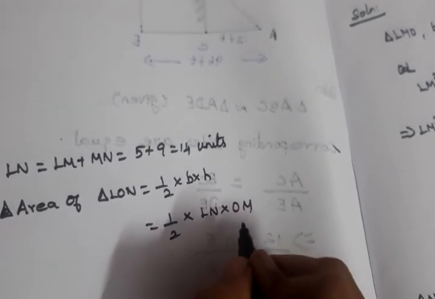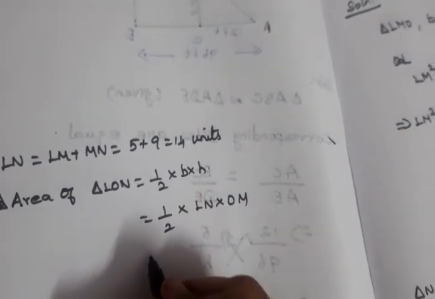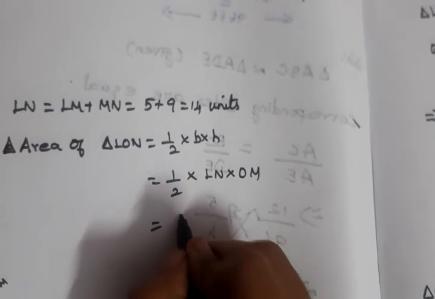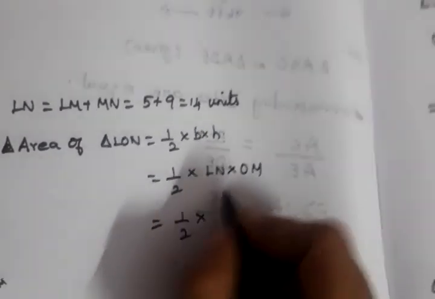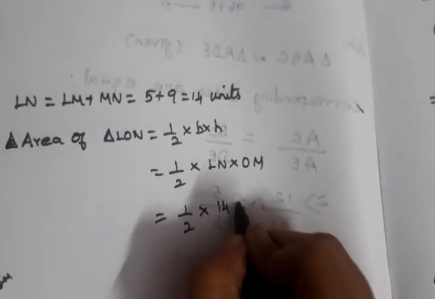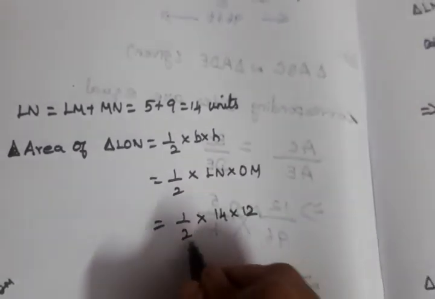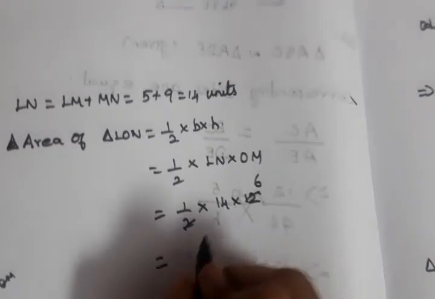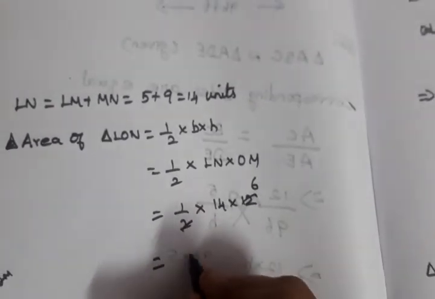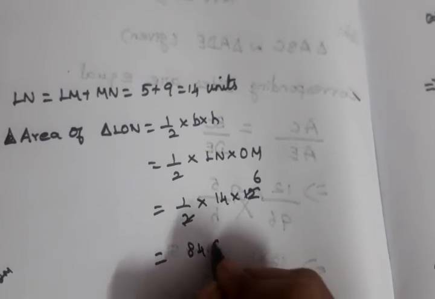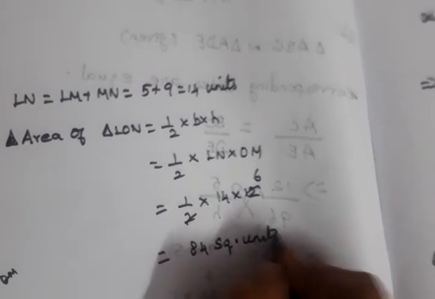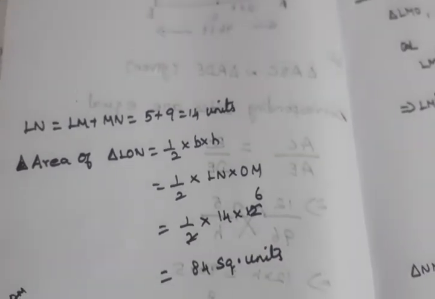So 1 by 2 into 14 into 12. 6, 14 6s are 84 square units. Okay.